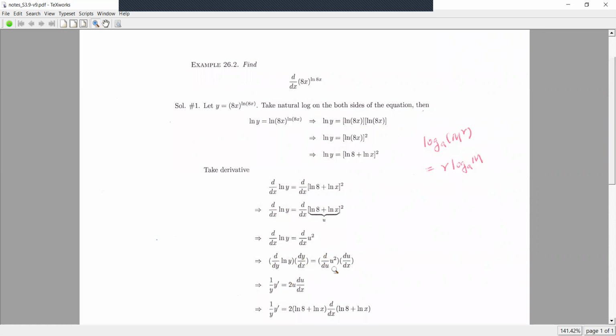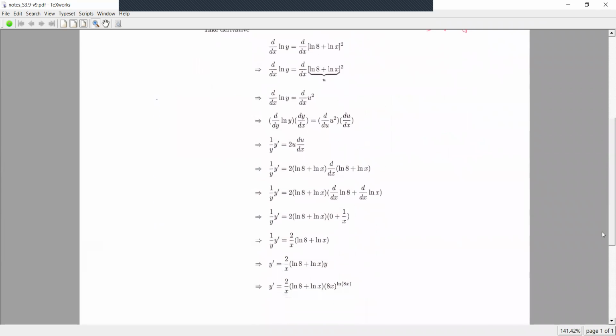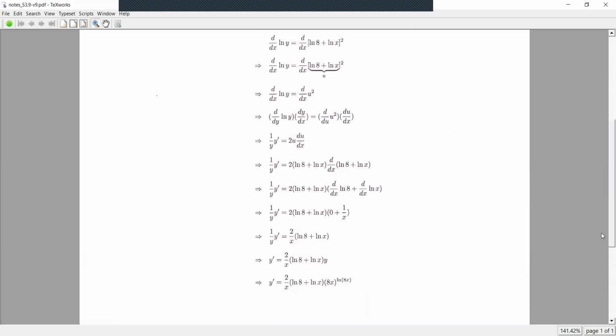Derivative of u squared with respect to u is 2u. Now, remove u, the intermediate variable. Plug in natural log of 8 plus natural log of x in the u here. Then I have this equation.